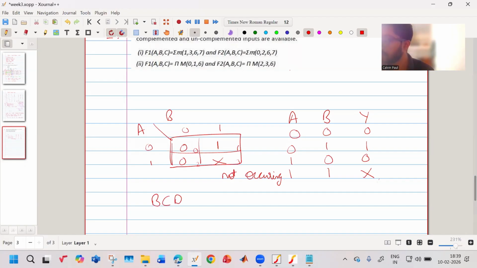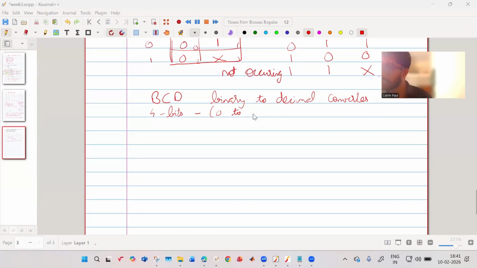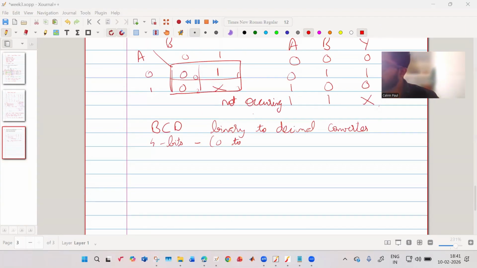That was one case. Similarly, another case could be what is known as a BCD, a binary to decimal converter. BCD will have 4 bits. 4 bits means your range can go from 0 to 15, but your decimal can only be from 0 to 9.